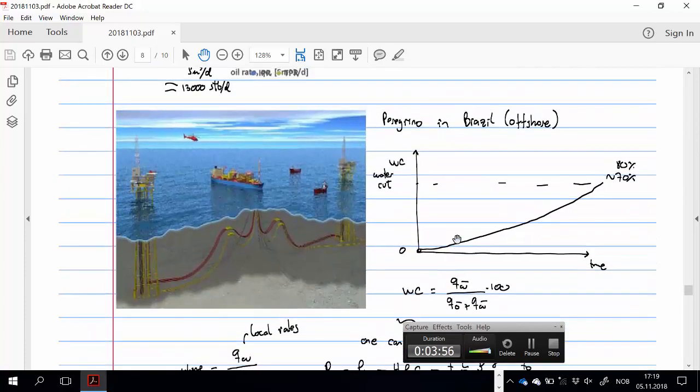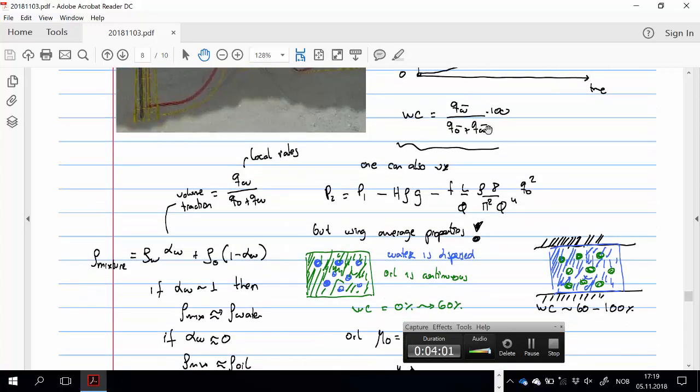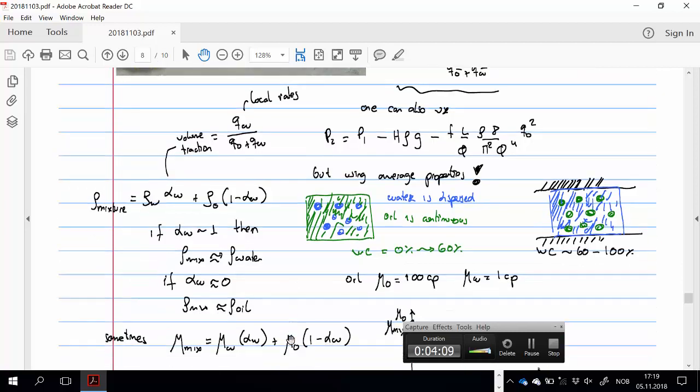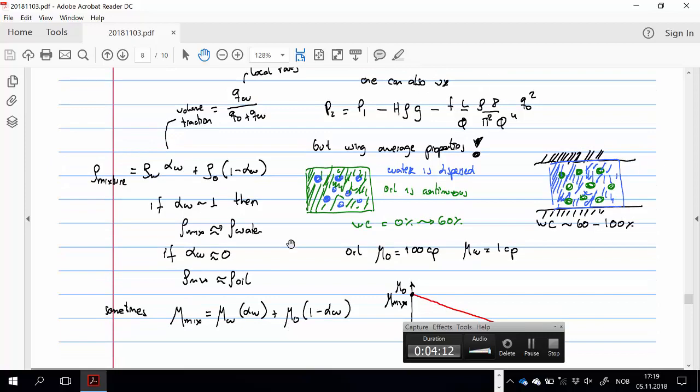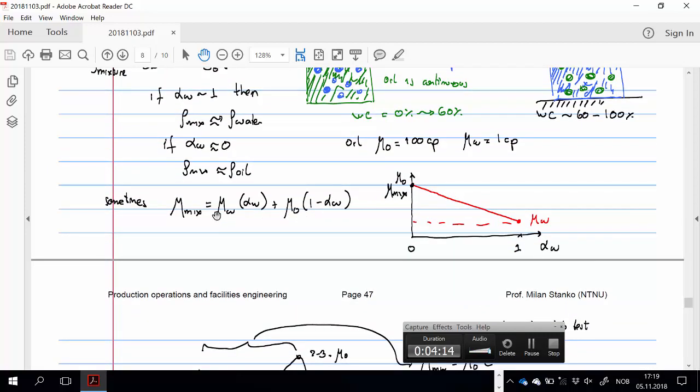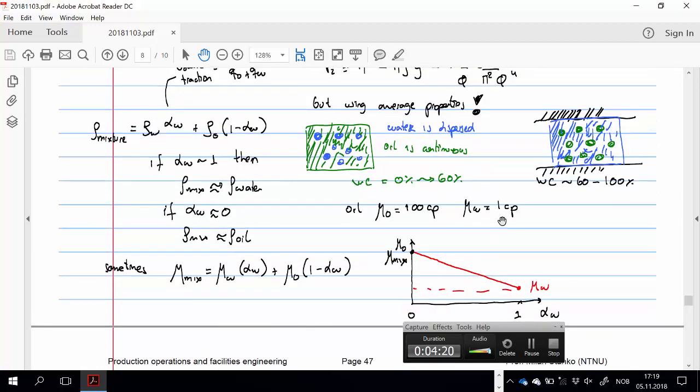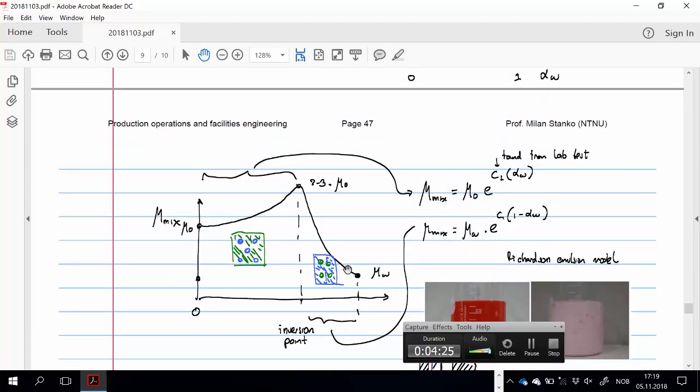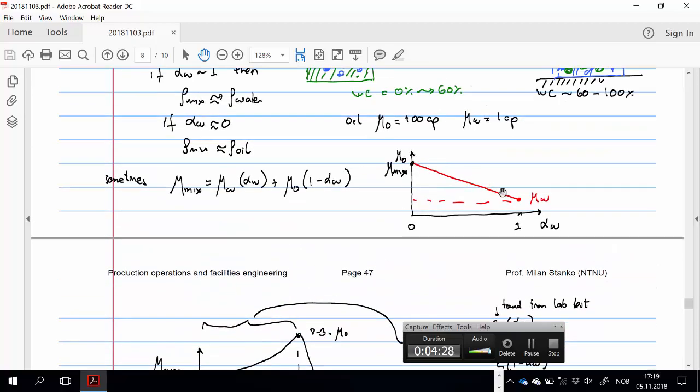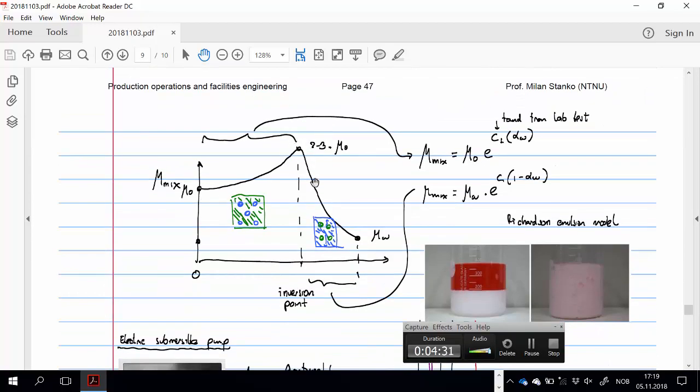I told you something very important about the liquid equation, that you can use it for oil-water mixture. If you stick in the density, it is a density that you make an average with the volumetric fraction. And I told you that the same approach doesn't work very well with the viscosity, especially because you have the wall wetting phase, and then you have this emulsion behavior that really is not linear, like I'm painting it here, but you have a maximum in between, which is very strange, but that's the way it works.